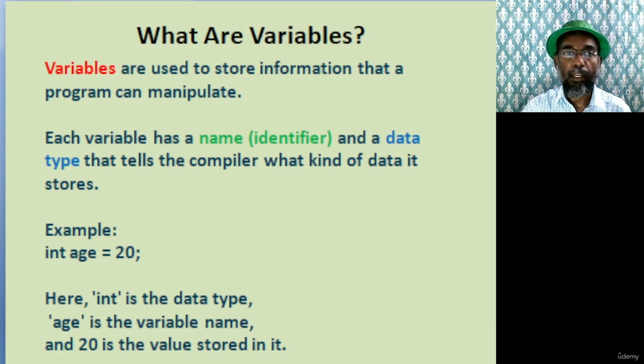Int is a data type. It tells the computer, hey, I am storing a number, no decimals. Age is the name you give to the variable. 20 is the value stored inside. Simple, right?